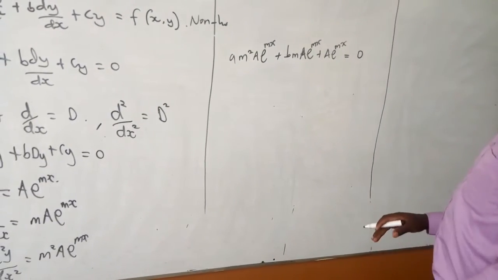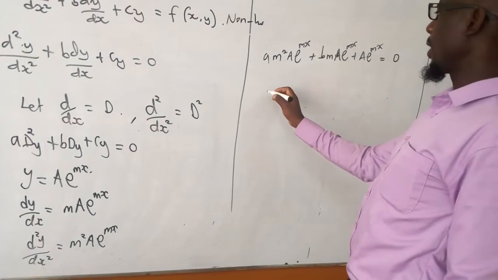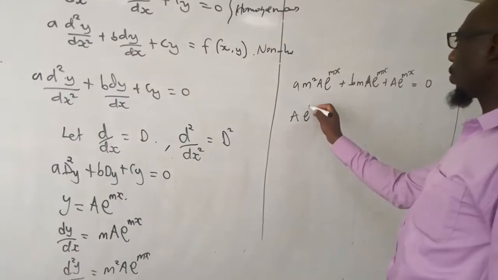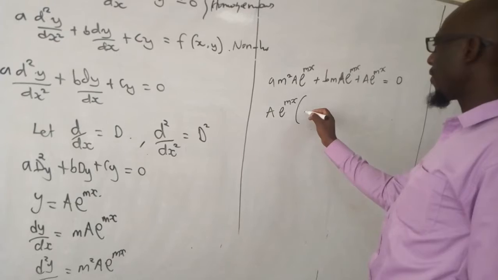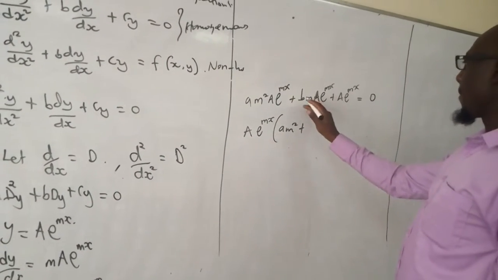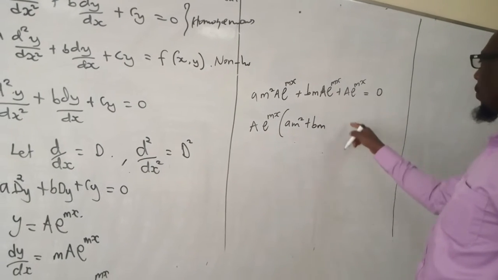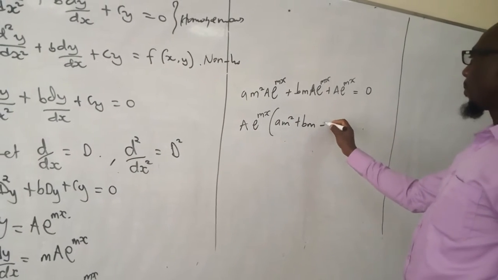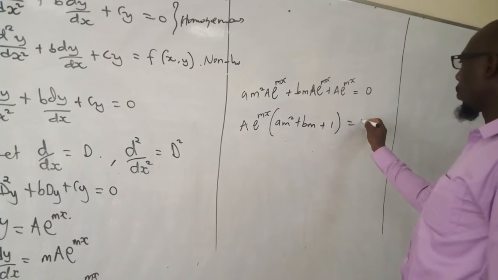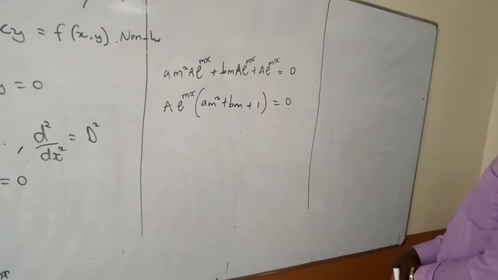Are we together in that? So if we factor out the common term, A exponential of mx is common, we shall have am squared plus bm plus c to be equal to 0. Are you together in that?